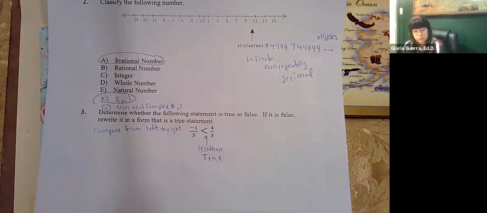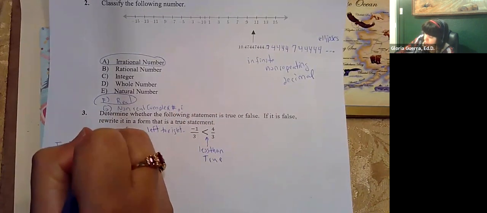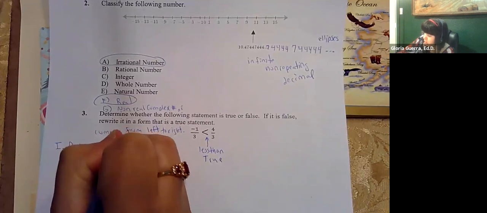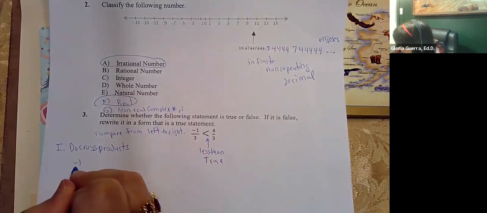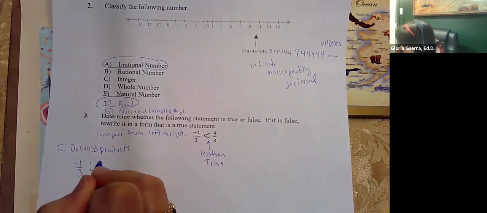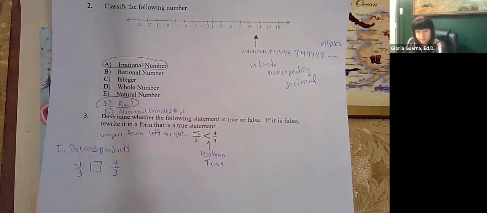Okay. Now, to show your work that that's true, there's like 3 popular choices you can do. One of them is called cross products. To compare -1/3 and 4/3. Okay. So here the order is important. Here, when you're doing your multiplication for this, you've got to go this route.